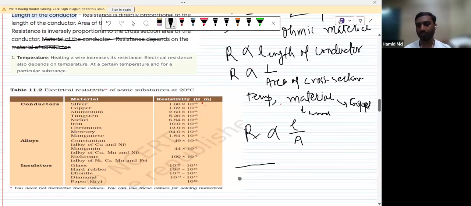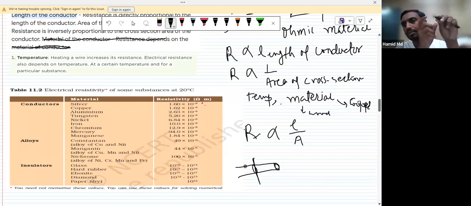See, if this is a thick wire and you cut it perpendicular to the edge, this part, if we cut it, is the area of cross section, right?